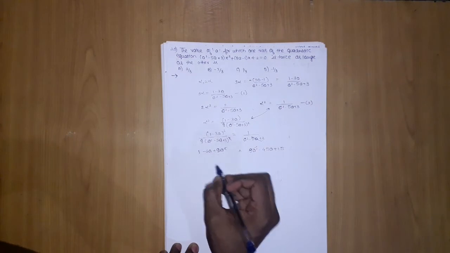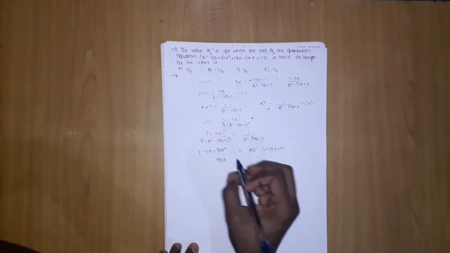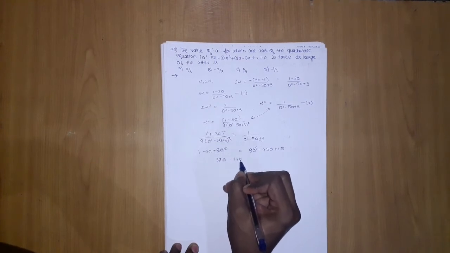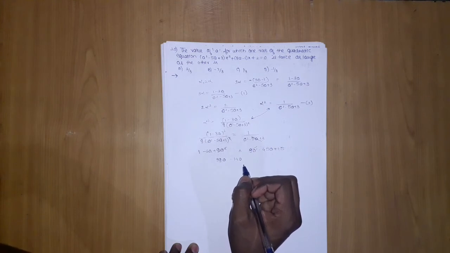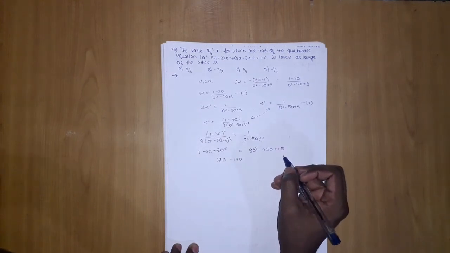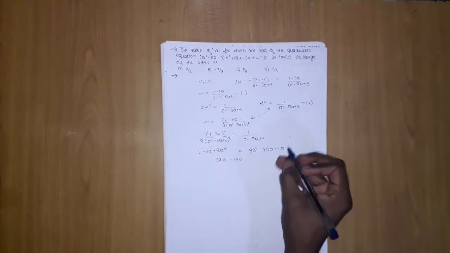It will move on here, which will make it 39a, and when this will move on, it will become 14a. 14 is 3. Okay, 27. Sorry, this will be 27.